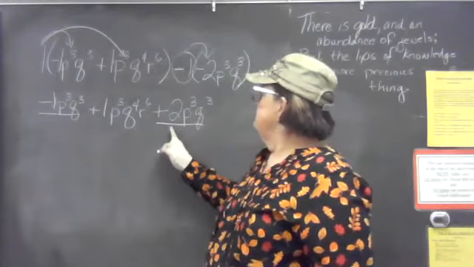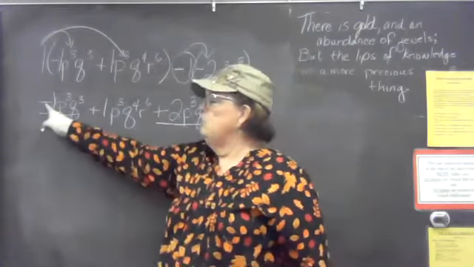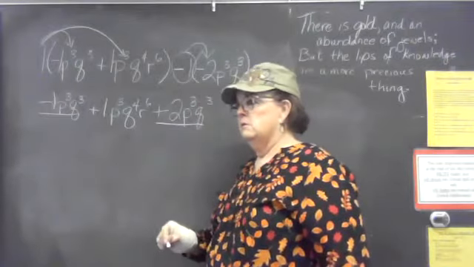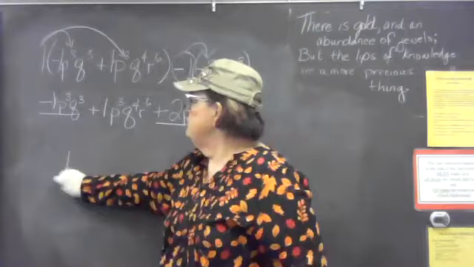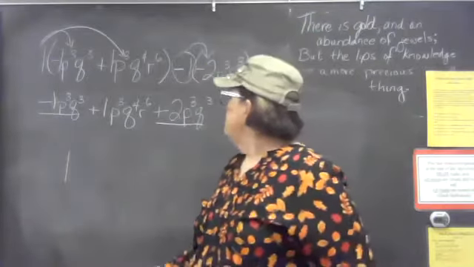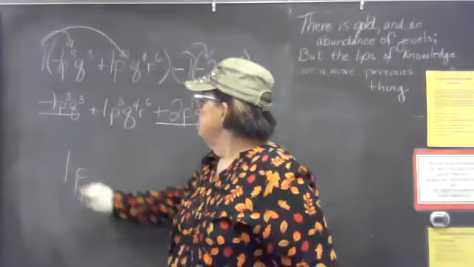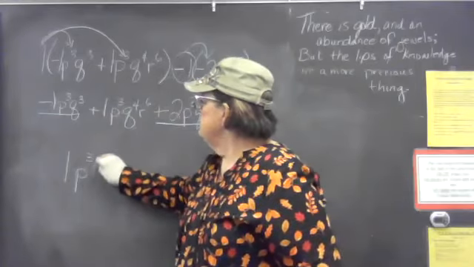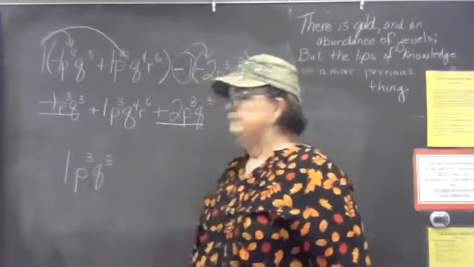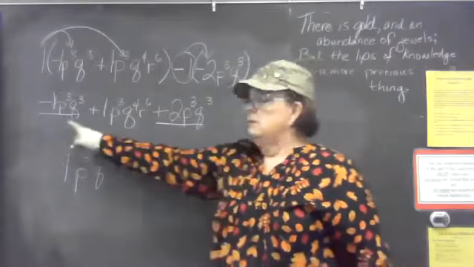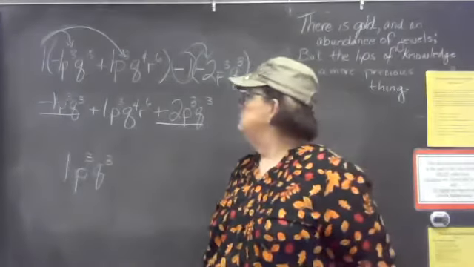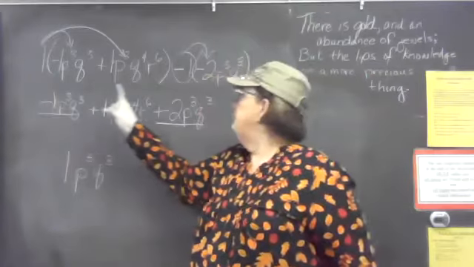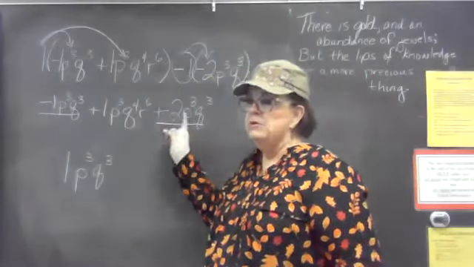Remember to use the sign. So now I have a negative 1 of these, and I added 2 of these. So if I put those together or add them together, I'm going to have 1 of these. Remember, when we're adding and subtracting, we don't change the exponents at all. We just match them. So you can say negative 1 plus 2 because they match.